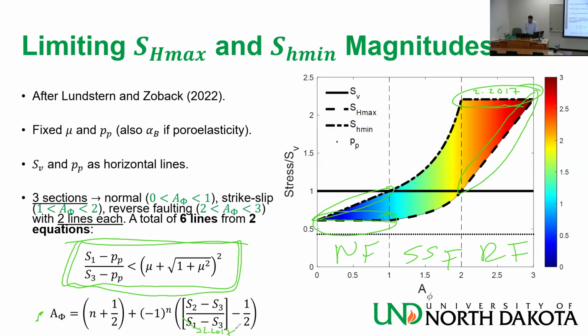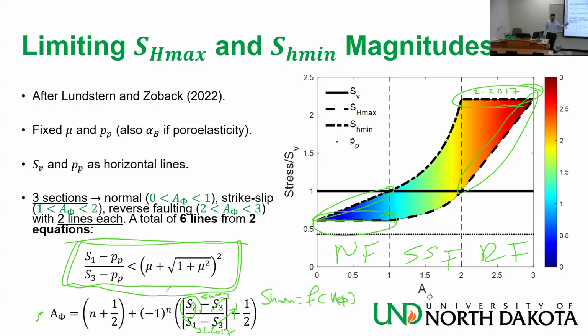2.2017, okay? S3 for reverse faulting is the one, which is SV, right? Okay. What is S2 is SH mean, which is my unknown, okay? So I rearrange this to solve for an equation for SH mean as a function of alpha phi, okay? And in this case n will be 2, because it's reverse faulting.